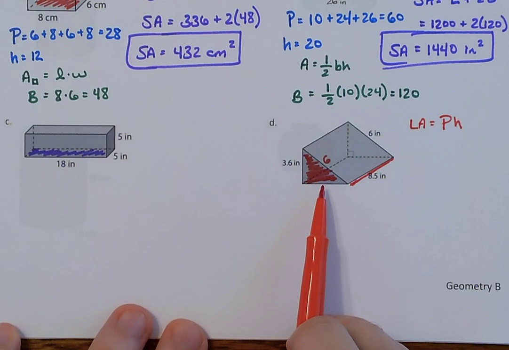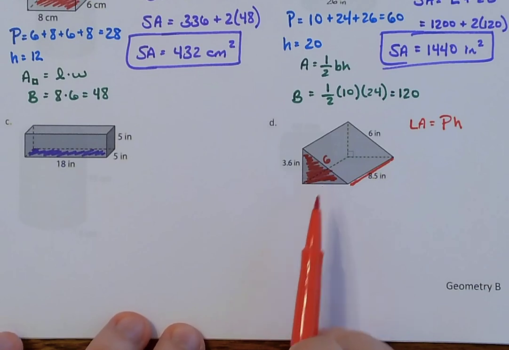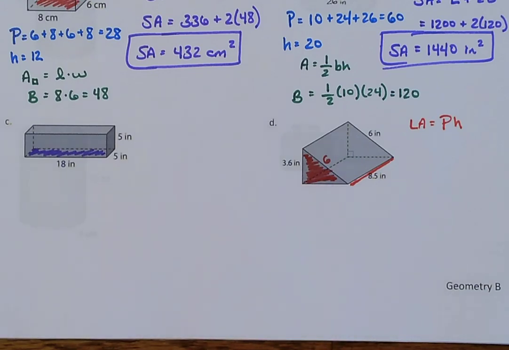Because we have a right triangle, and we know two side lengths of it and are trying to find a missing side length, that indicates we need to use the Pythagorean Theorem. For part B, I told you that missing side length was 26, so that we could really focus more on finding lateral and surface area.